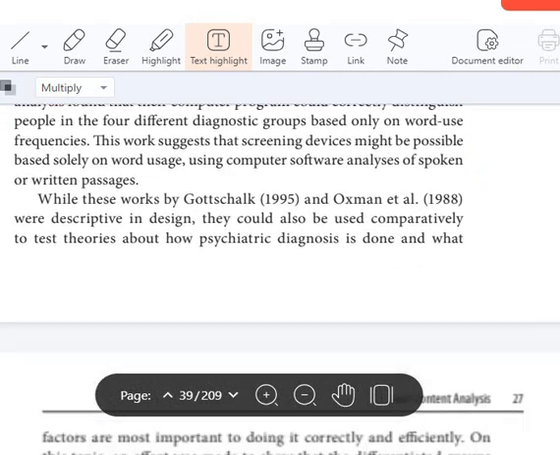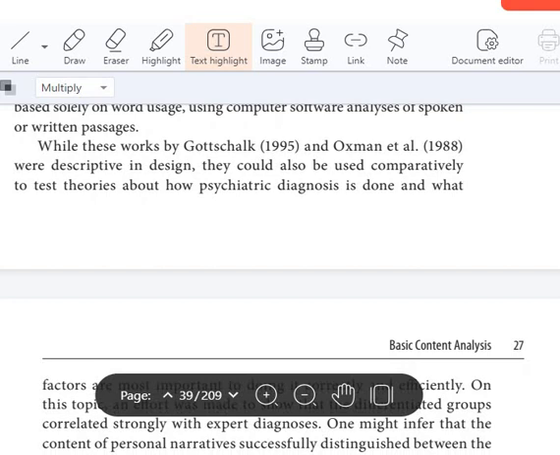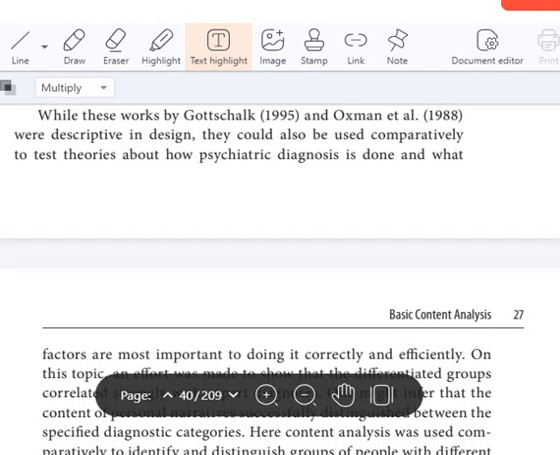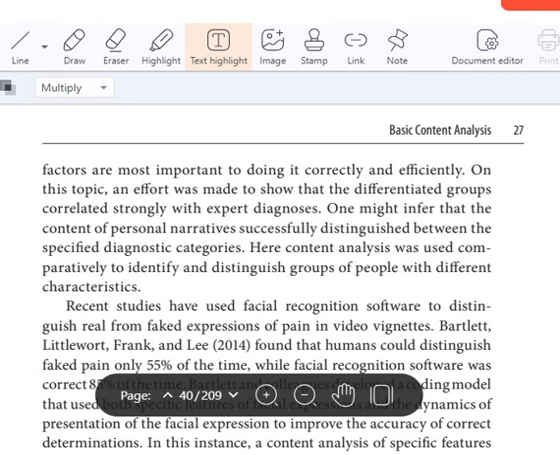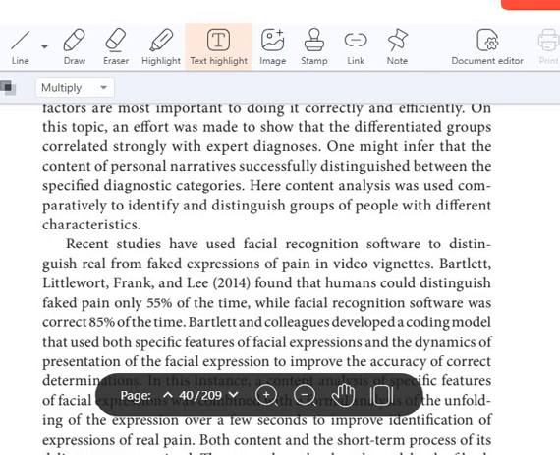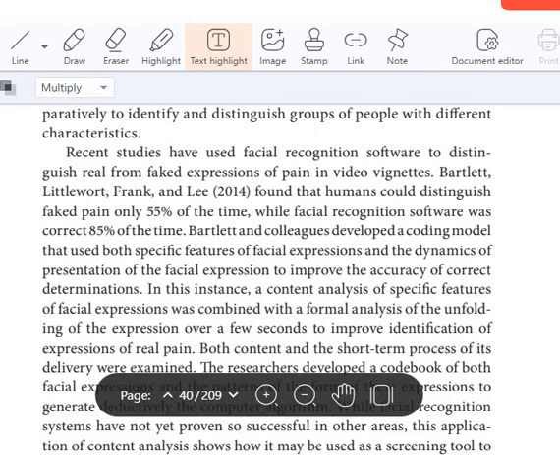Okay, let's move on here, and we will shed light now on the target audiences for basic content analysis. So who are the target audiences? But before that, one last thing about the research purposes of basic content analysis is that recent studies used facial recognition software to distinguish real from faked expression of pain in video vignettes, like the study of 2014.